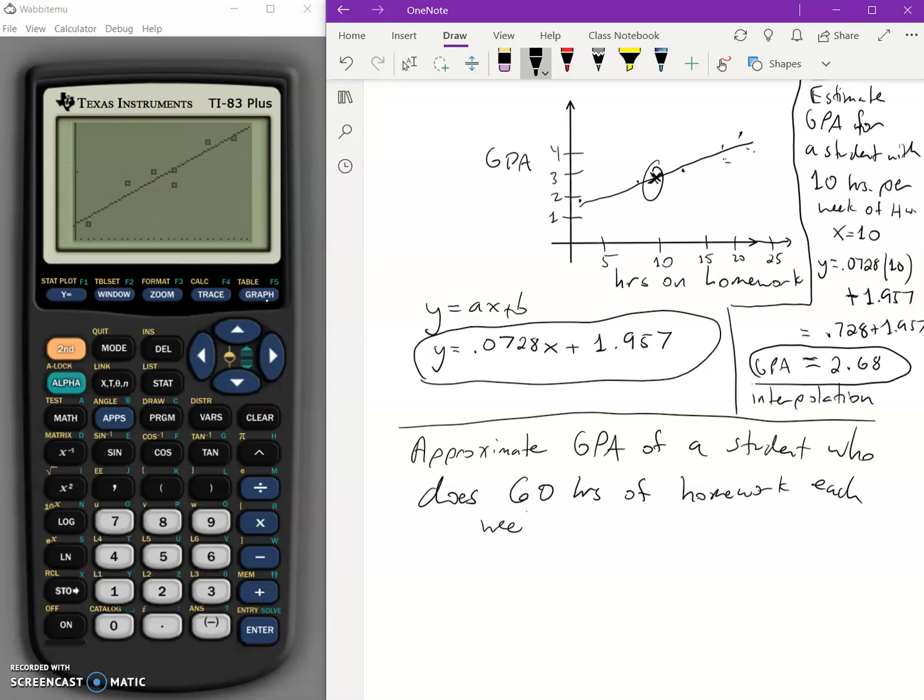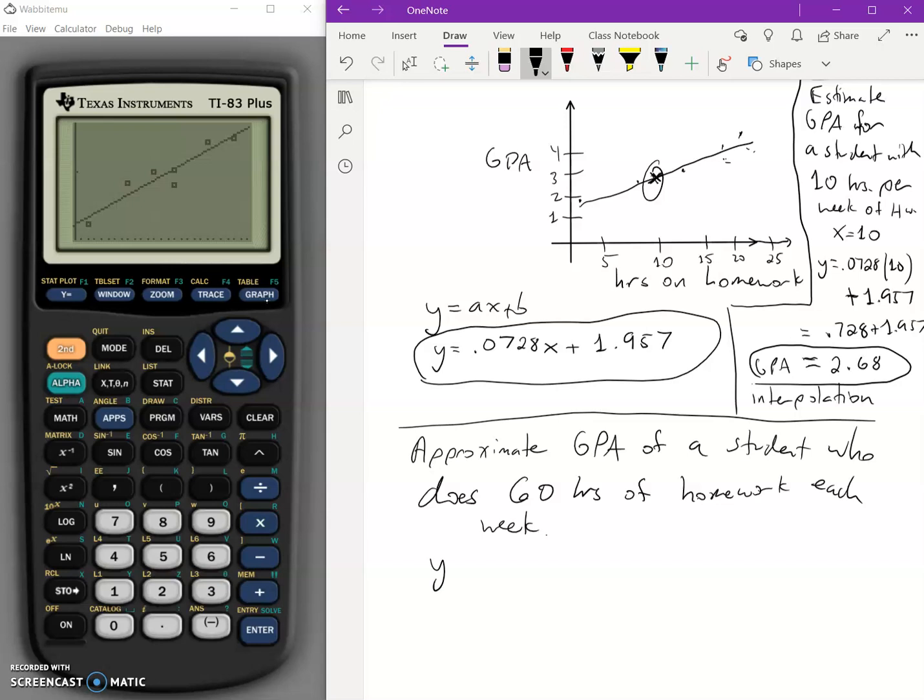So in this situation, our line, as you see on the graphing calculator, goes on forever and ever. There is no stopping point. So any x value, we are allowed to plug into this, and we're going to get some type of number. So let's see what happens when we try to plug this in.